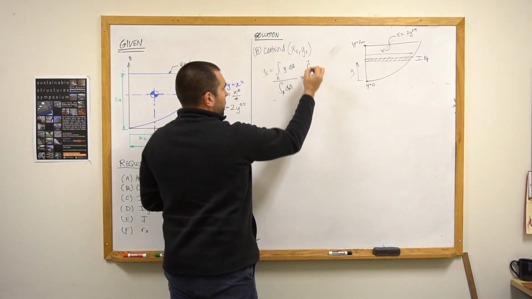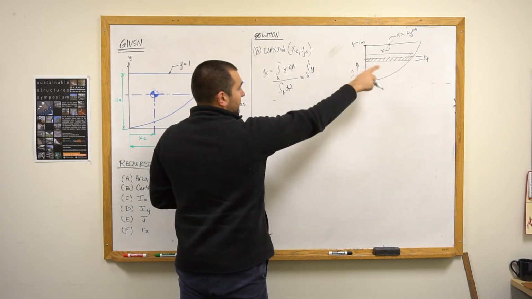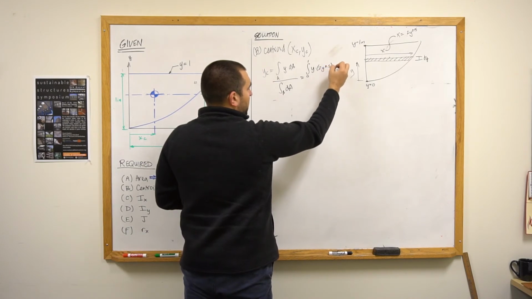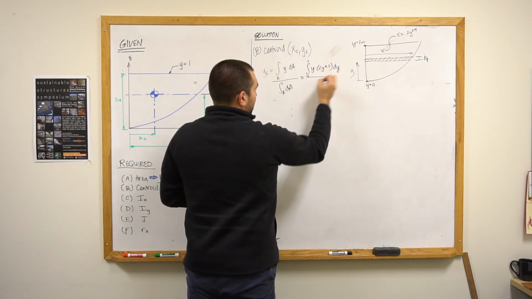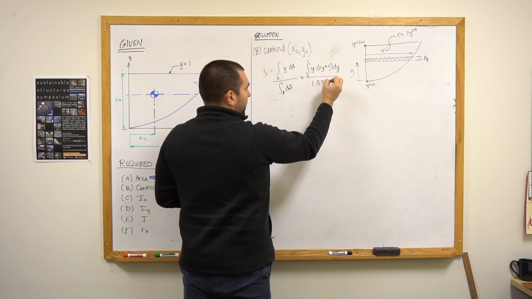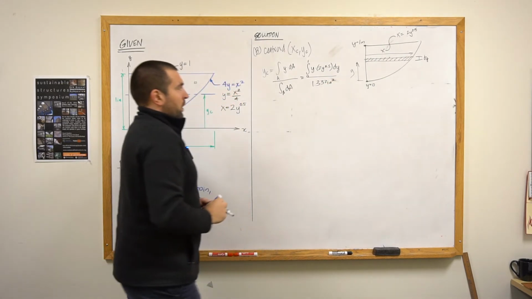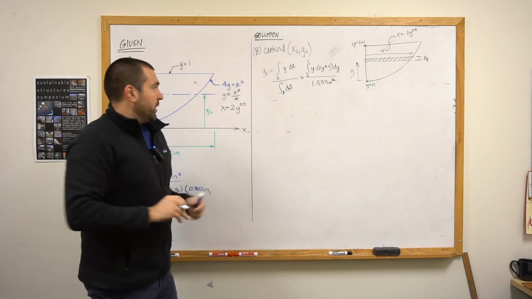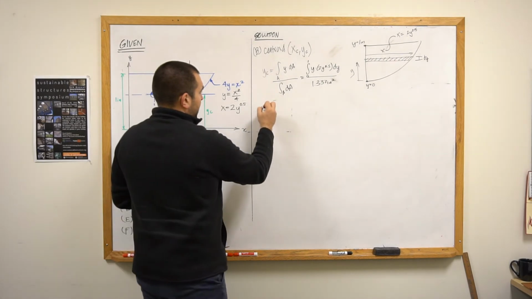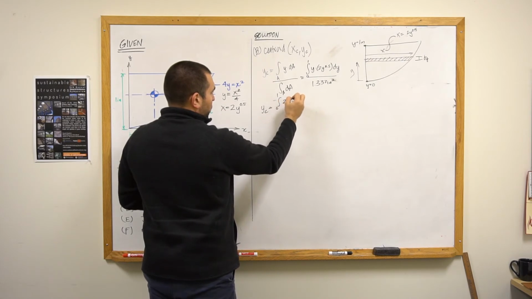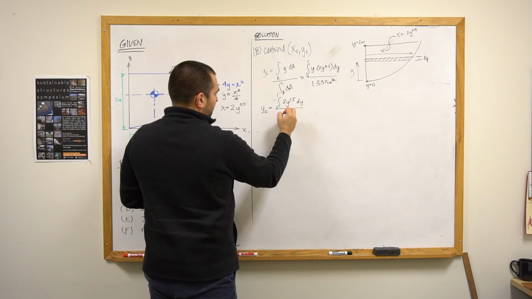And so I go from 0 to 1 of y times 2y to the 0.5 power dy, and then divided by 1.333 square inches, because that's what we got from part A.